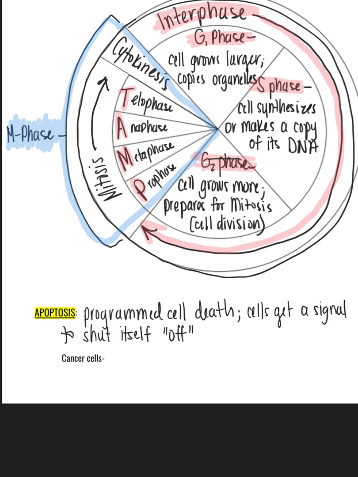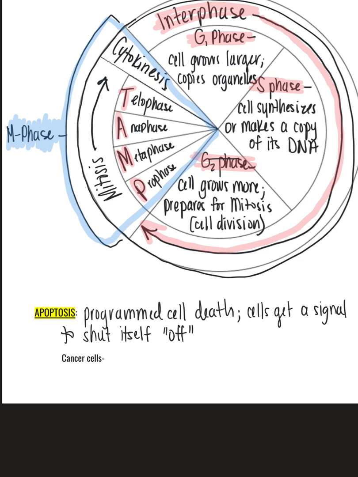In other words, the cell is going to die. It's no longer going to function. When apoptosis happens, it cannot come back. Essentially, apoptosis is just a general way or a convenient way for the body to remove cells that should no longer be a part of the organism.